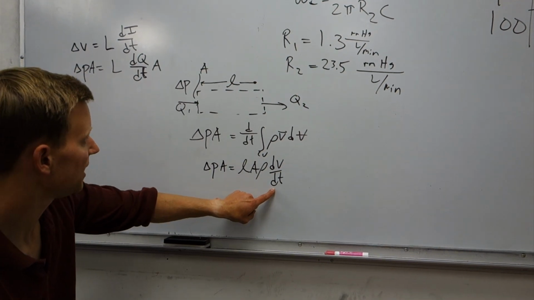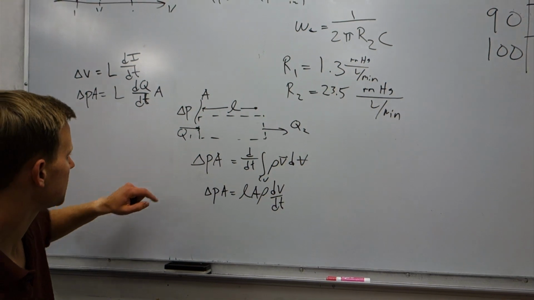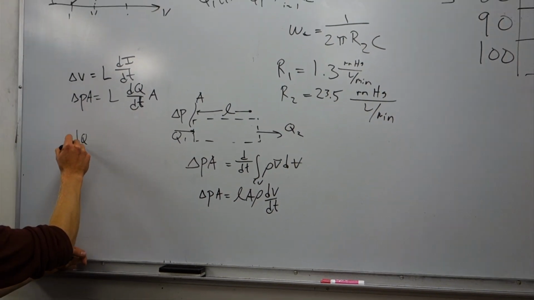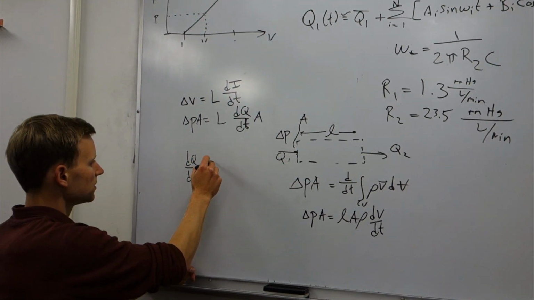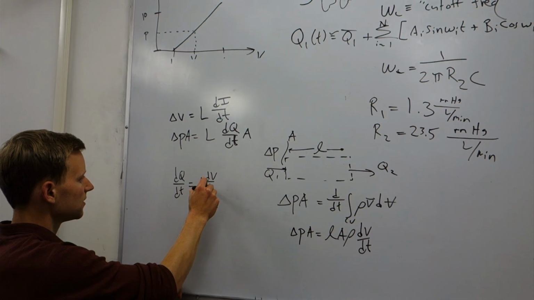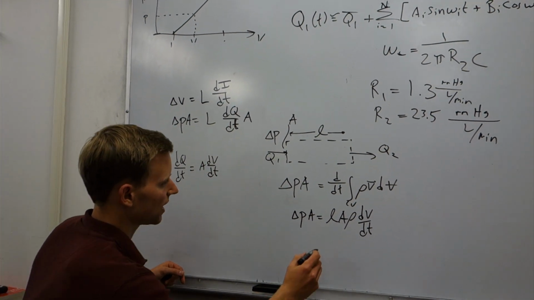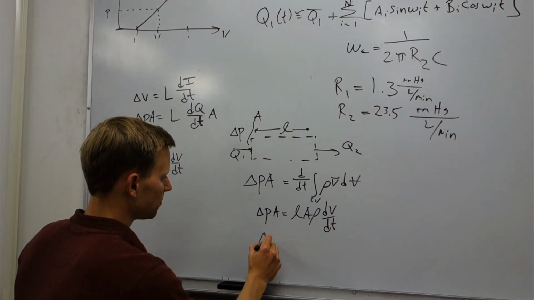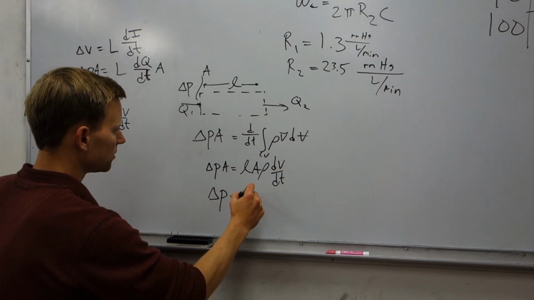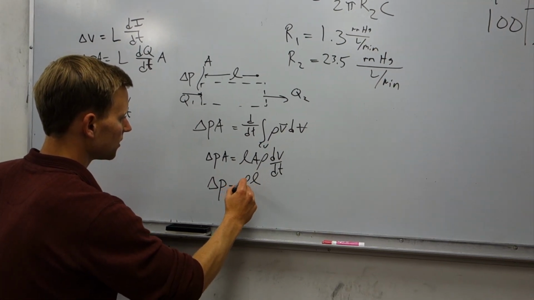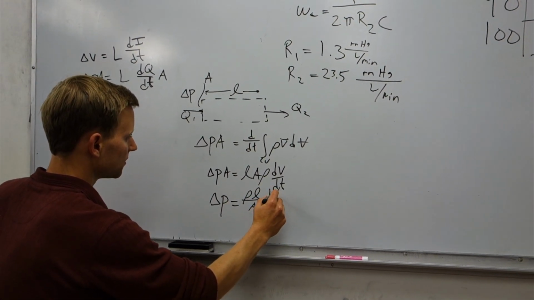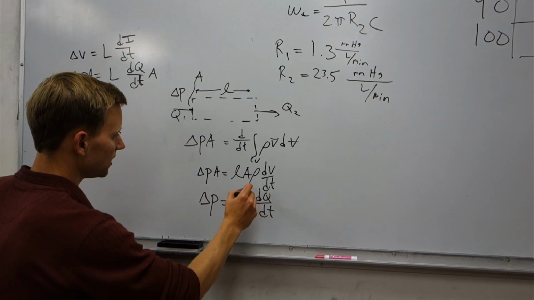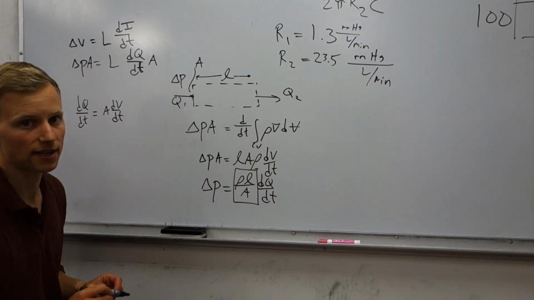And then to relate dV/dt to dQ/dt, I simply say that dQ/dt is equal to A times dV/dt, which means that we can say delta P is equal to rho L divided by A times dQ/dt. So this becomes our flow inductance.